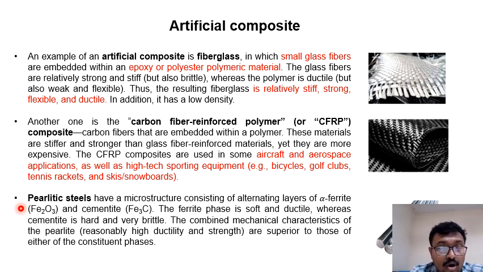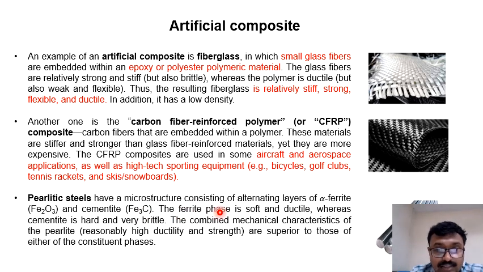The next artificial composite is pearlitic steel, which has a microstructure consisting of alternating layers of alpha ferrite and cementite, Fe3C.